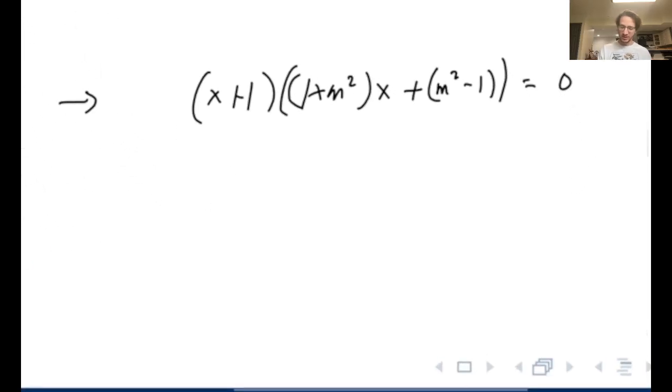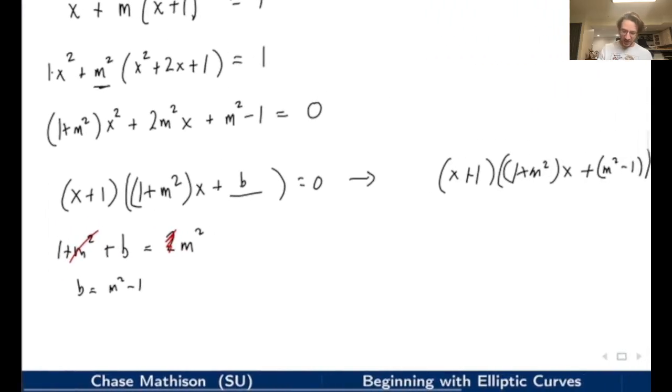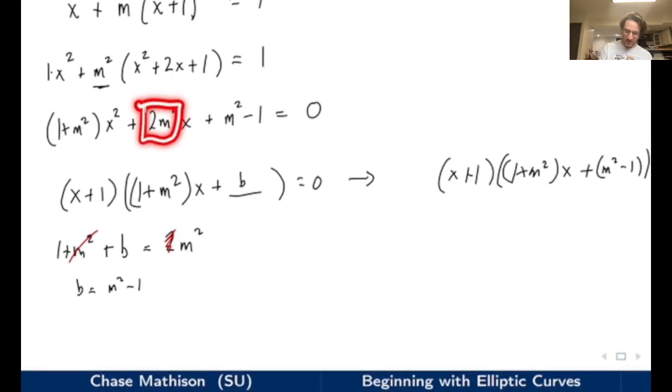But there we go. And so I know that x equals -1 solves this. Cool, easy. And again, notice I used the fact that this coefficient here told me what this other solution needs to be. That's going to come into play later when we're looking at elliptic curves.